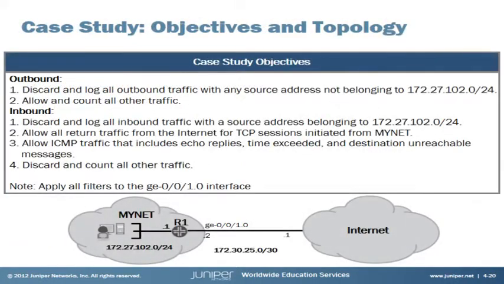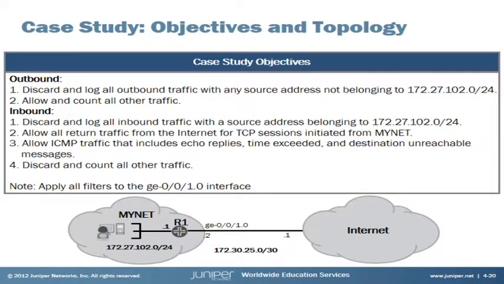Okay, let's do a little case study here. Our objective here is we want to discard and log all outbound traffic with any source address not belonging to 172.27.102.0/24. That's outbound traffic.